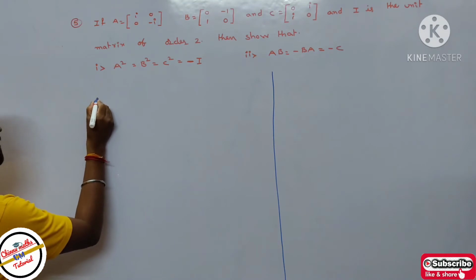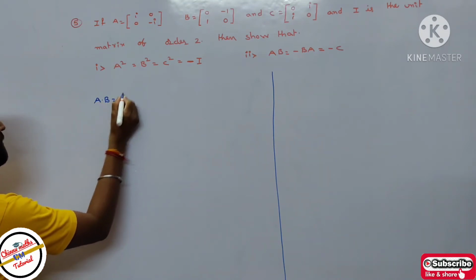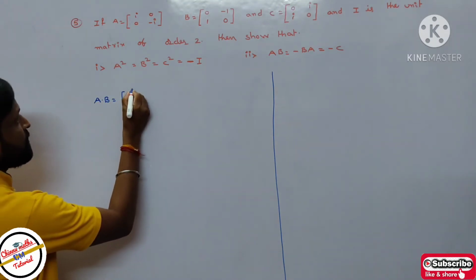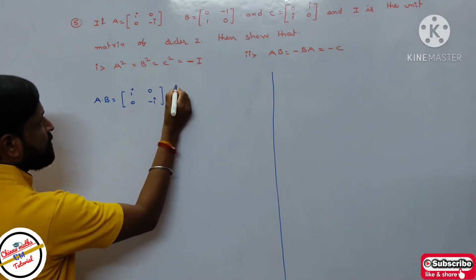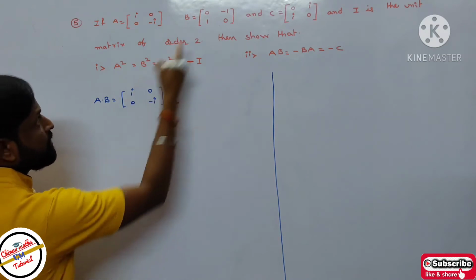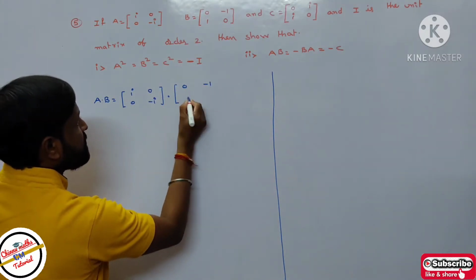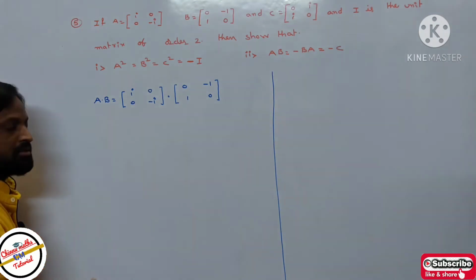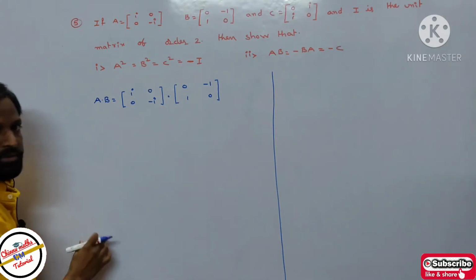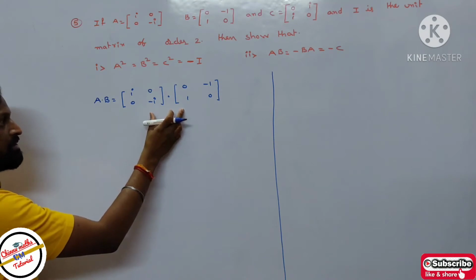First find the product of A into B. The matrix of A equal to i 0 0 minus i. The matrix of B equal to 0 minus 1 1 0. Both matrices are 2 by 2 matrices, so the condition of the product is satisfied.